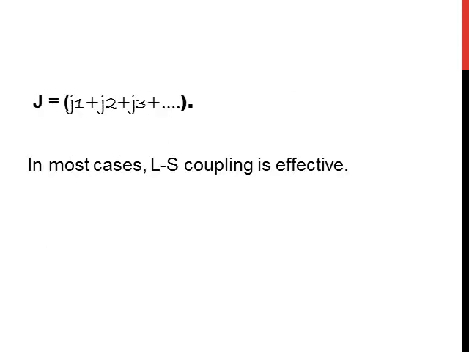If we combine these individual total angular momenta of the electrons, it results in a capital J, that is the total angular momentum of the atom. In most cases, LS coupling is more effective than JJ coupling.